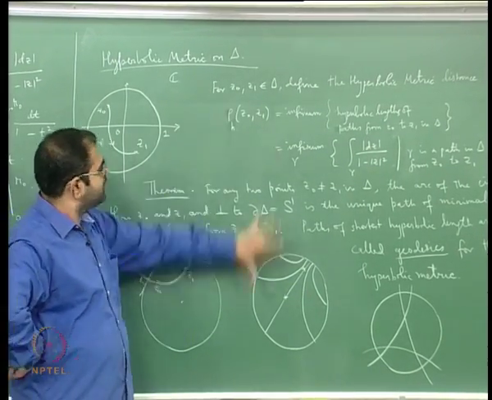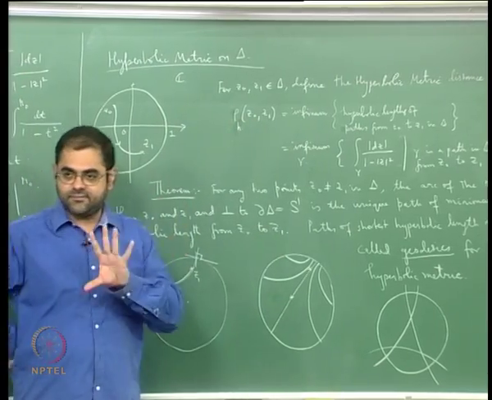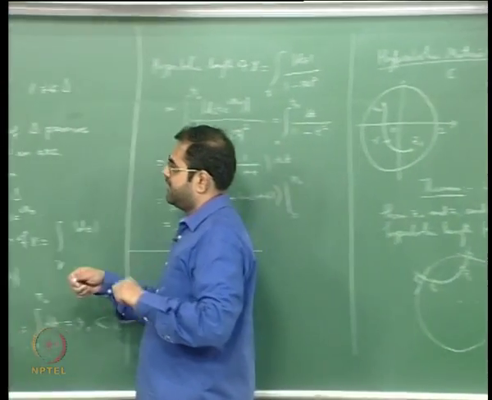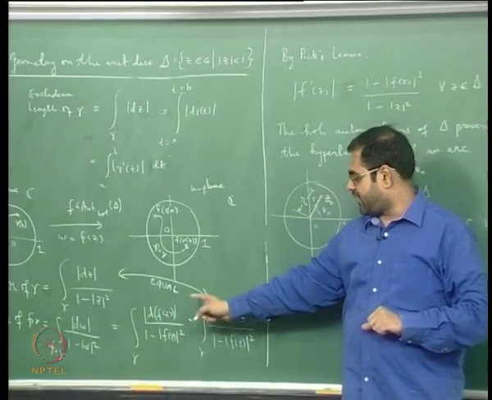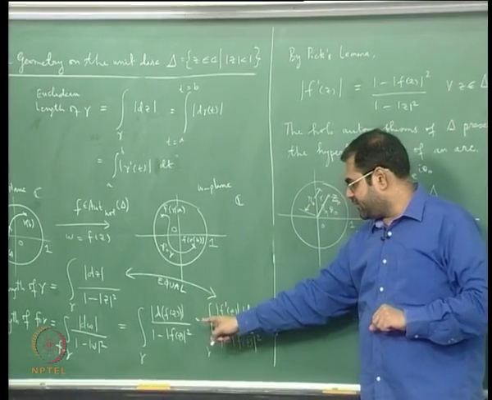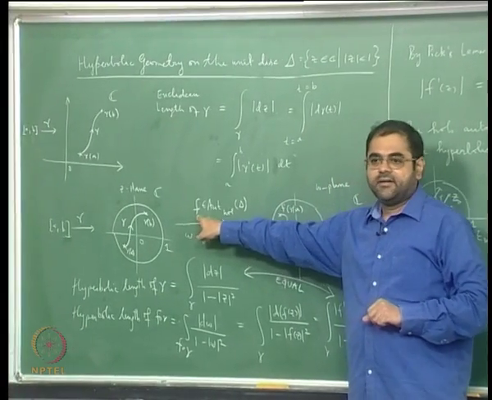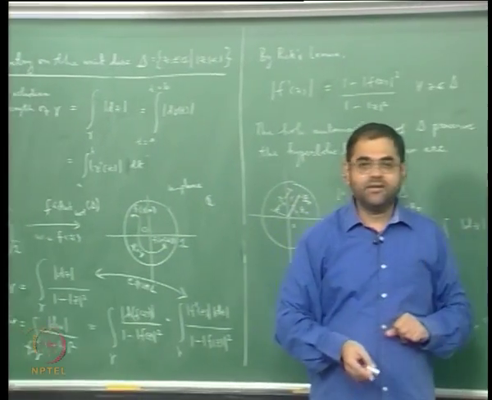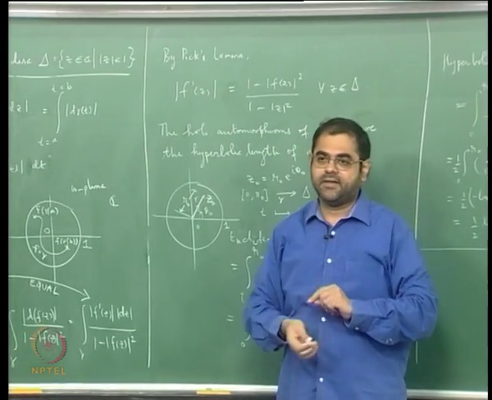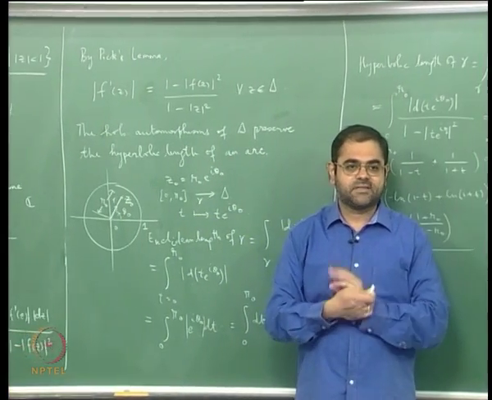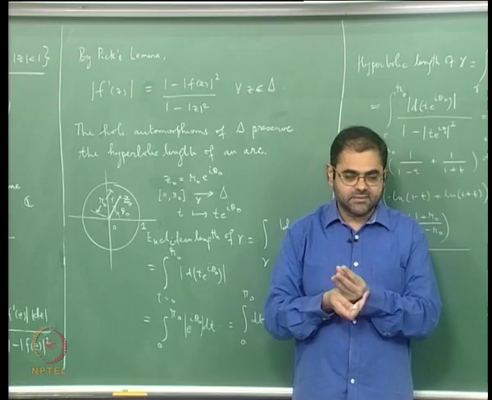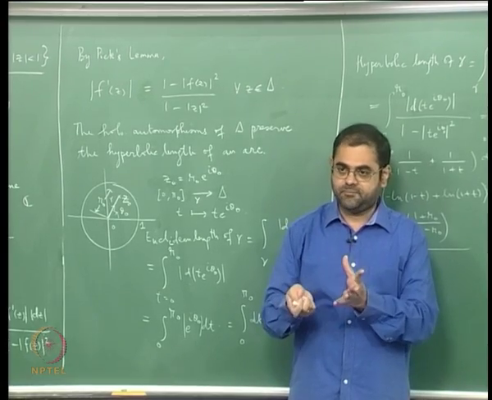And the basis for all this is the so called hyperbolic length, which is defined for an arc, but the key to the fact that the hyperbolic length does not change under an automorphism of the unit disk is the equality in Pick's lemma, okay. So the equality in Pick's lemma is a beginning point for a whole geometry, okay.